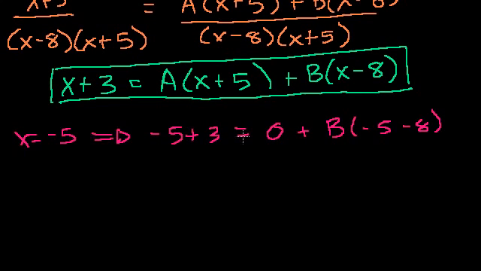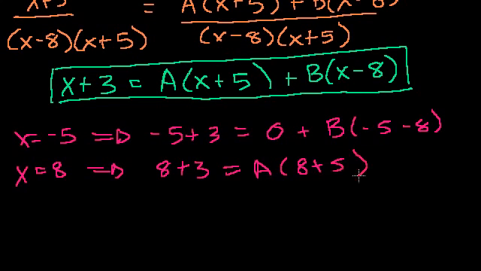And if you just solve for this, you get b is equal to 2 over 13, if I remember correctly. And then I picked x is equal to 8 to make this equal to 0, and that made us 8 plus 3 is equal to a times 8 plus 5 plus, now this expression would be 0, and then you would just get a is equal to what? It's 11 over 13. And then we were done.